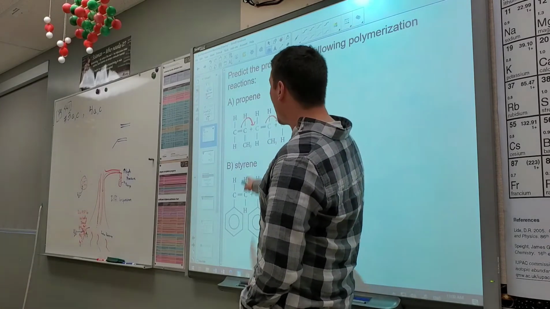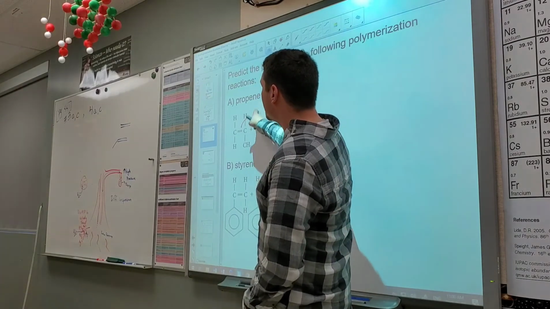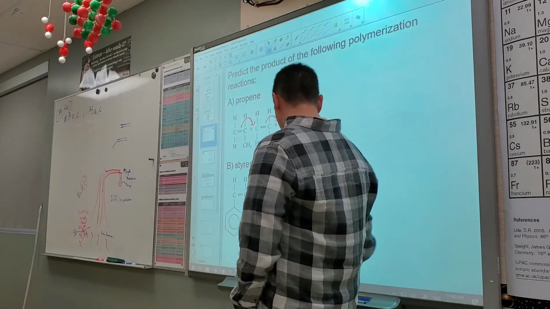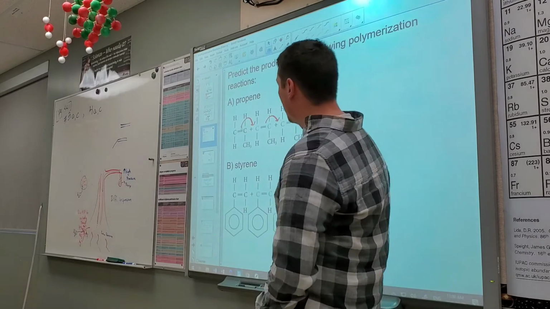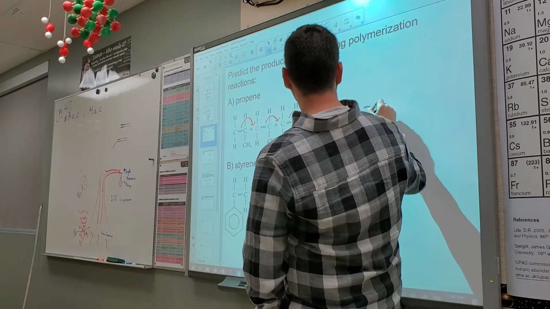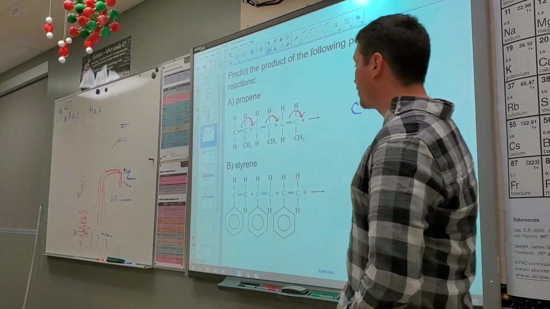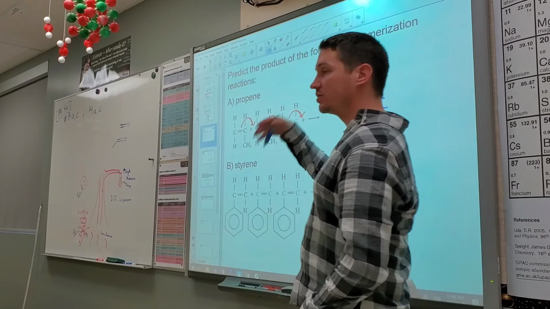So let's look at this middle monomer. How does the middle monomer change? It loses its double bond. So C, C, it's a single bond now, right? Now what's attached to those 2 carbons?